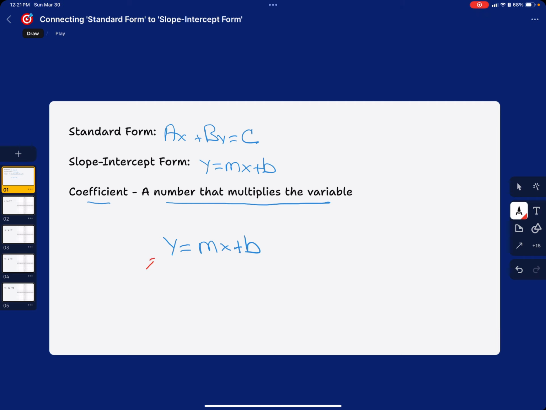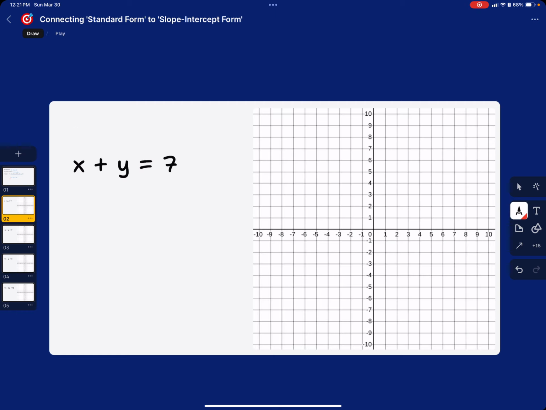So what is this number that we are multiplying by the variable y? Well, there is an invisible 1. If we don't see a number, there is an invisible 1 there. So the coefficient of y is equal to positive 1. And that's the key. We want this equation to be written as y equals mx plus b, where the y value is positive 1.